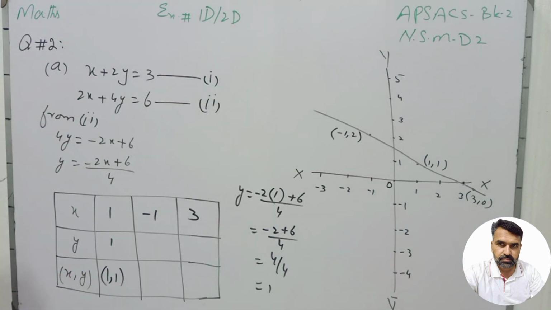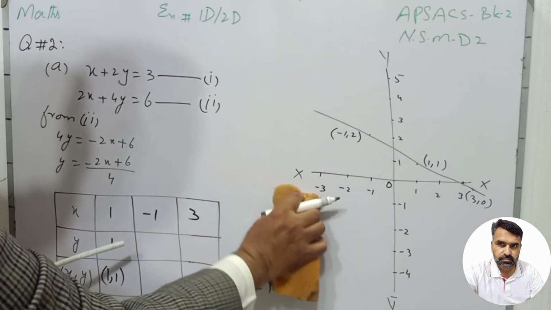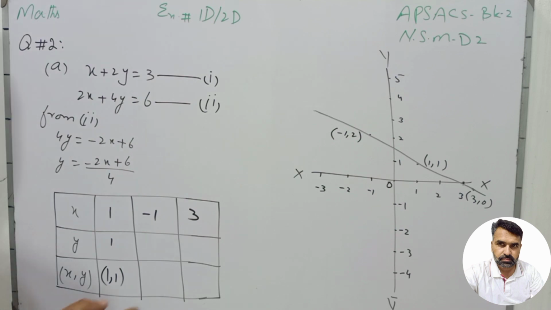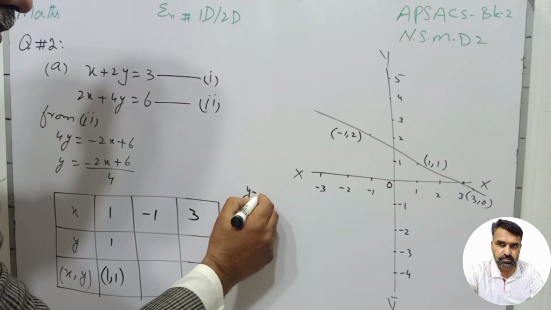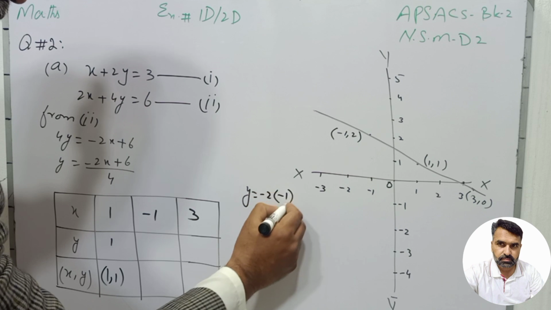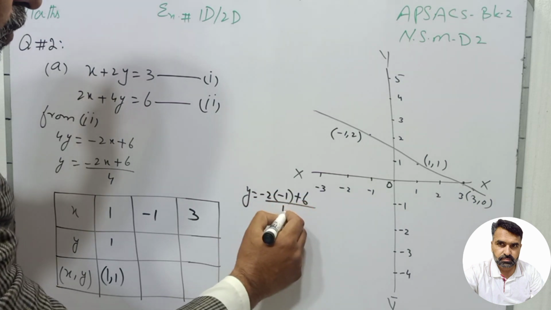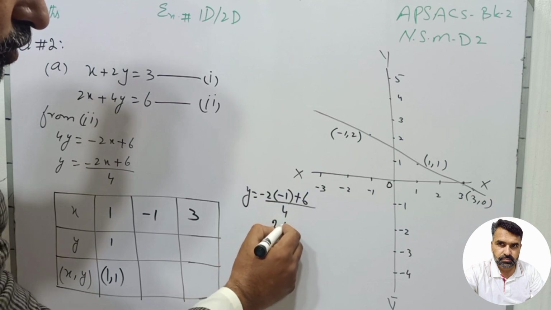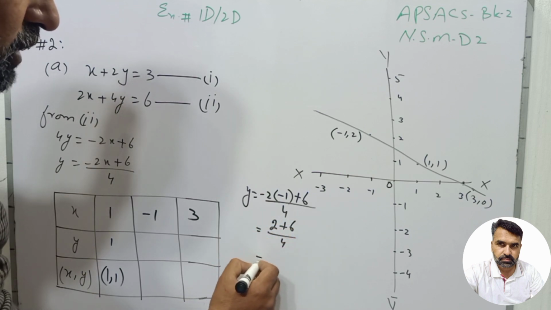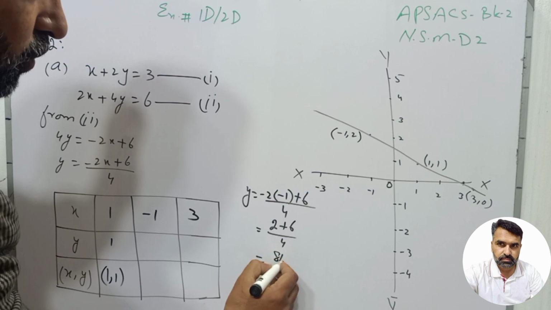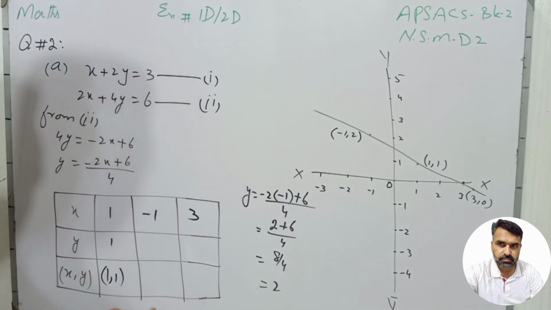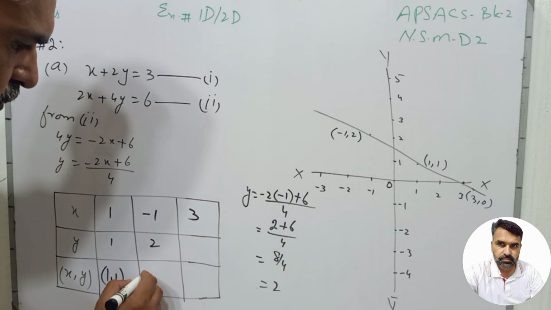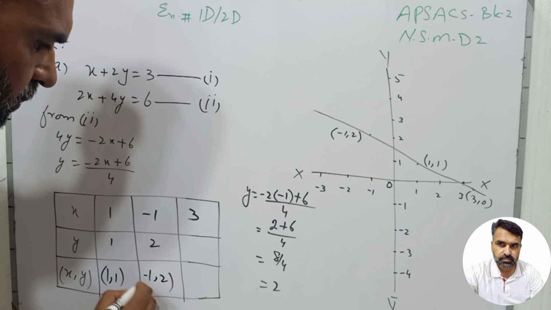Now students, we will put x as -1. y is equal to (-2, in place of x I will write -1) plus 6 over 4. When -2 is multiplied by -1, we will have +2 plus 6 over 4. 6 plus 2 means 8 over 4, and that is 2. So students, when x is -1, y will become 2. So the ordered pair is (-1, 2).